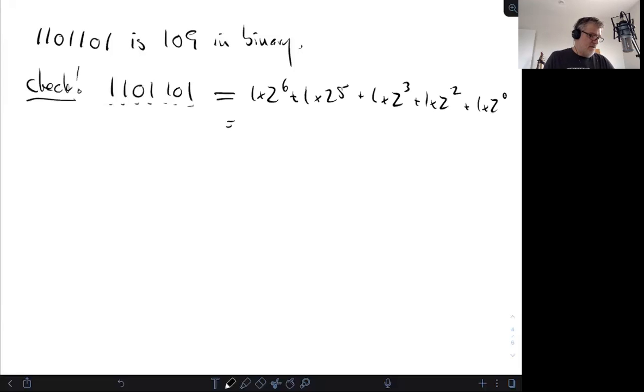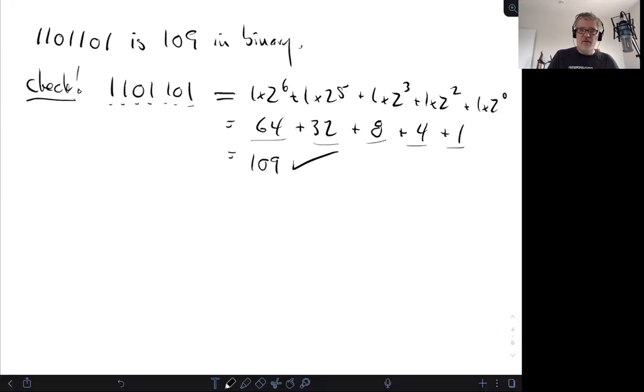So 2 power 6 is 64, 2 power 5 is 32, 2 power 3 is 8, 2 power 2 is 4, 2 power 0 is 1. Let's see. So this is 96, 104, 108, 109.